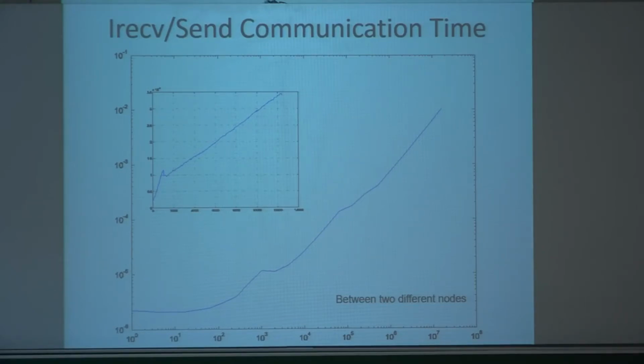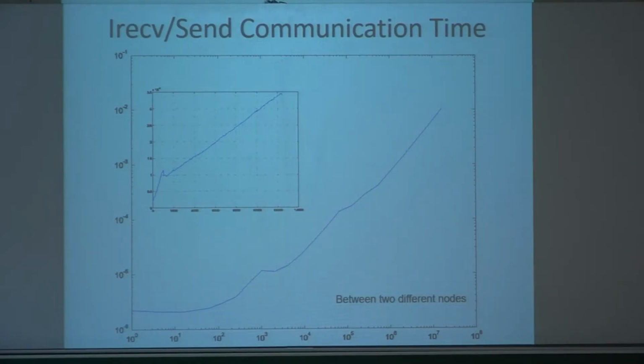So you first send a short message to say, are you ready to receive my message? The receiver sends back a message saying, yes, I am. And then you actually send the message. So it's a three-stage protocol. The protocol changes, and it's very interesting to see what happens even for very short messages in these different implementations.